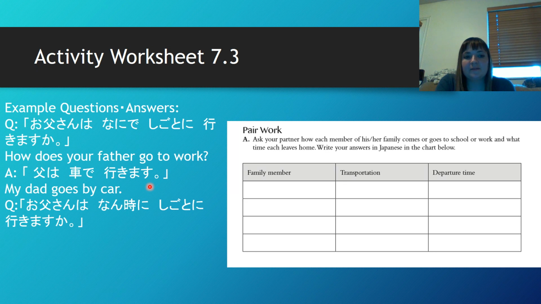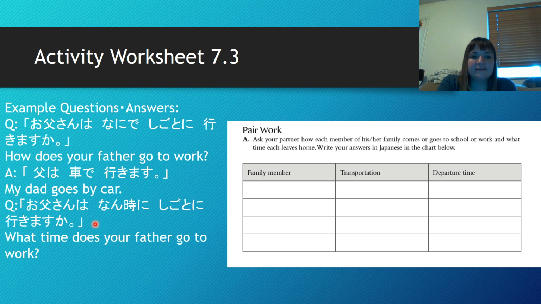Otou-san wa nanji ni shigoto ni ikimasu ka? This time we're asking, what time does your father go to work? Your partner is going to answer that question by telling you what time.